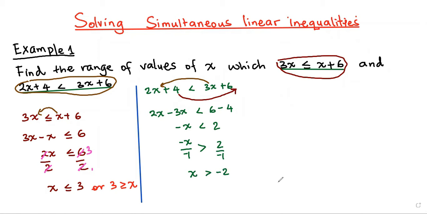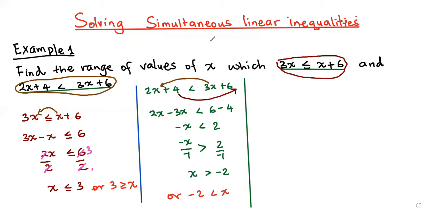Okay, now that we have finished solving the second inequality, we are going to show this on the number line. Actually, we can also write it as -2 is less than x. Now let us see how to show this on a number line.